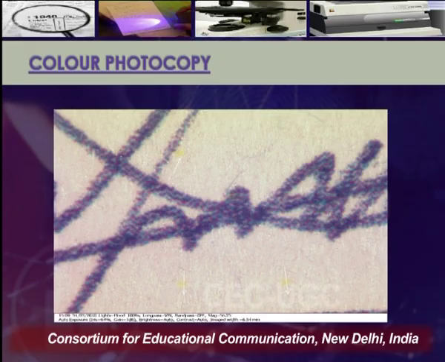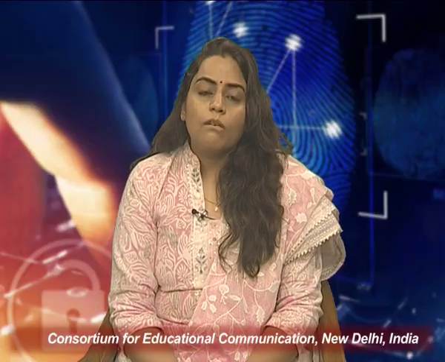Again, I want to clarify that whenever we analyze any document under magnification, there are many things that help us differentiate whether it is an original handwritten signature, a scanned photocopy, a color photocopy, or a printed document.